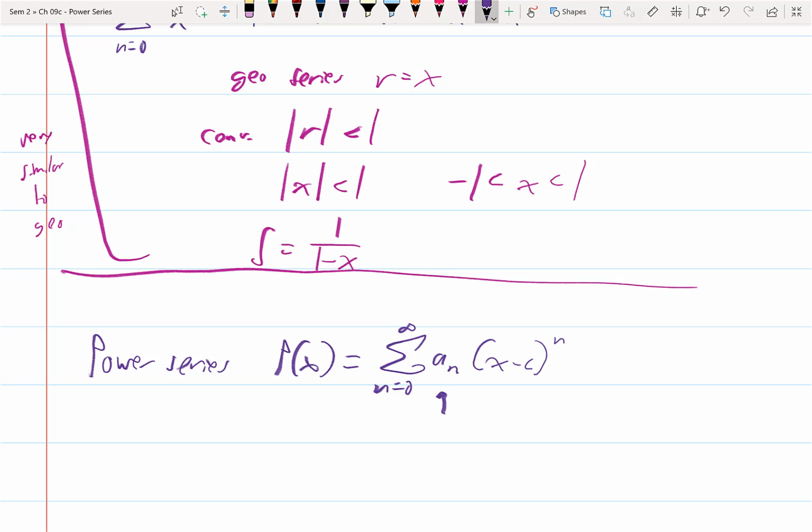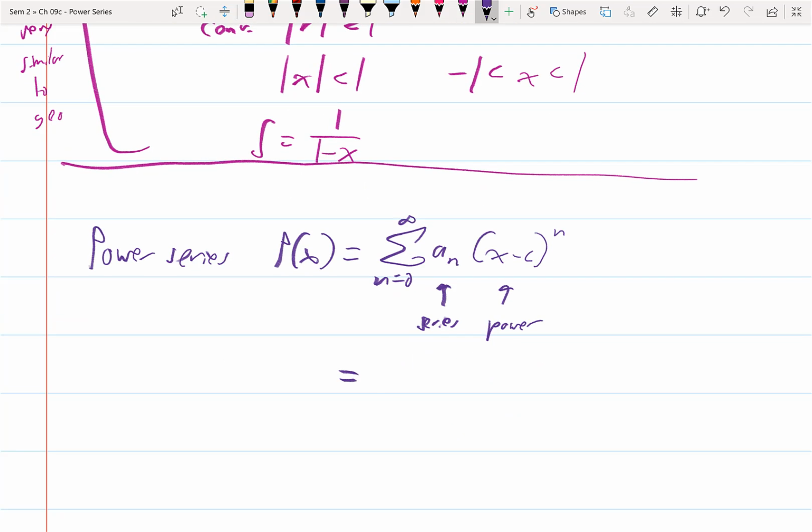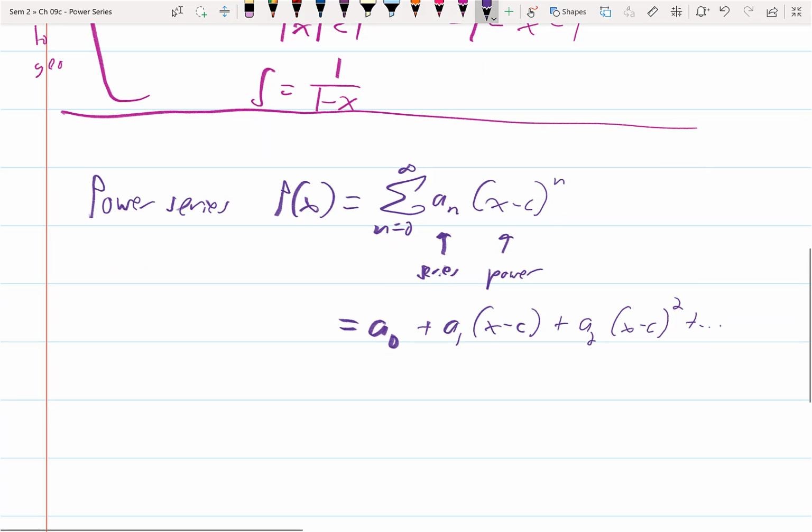So I think about this a sub n as being a series, and this x minus c to the n as being the power. And this will be equal to a sub 0 plus a sub 1 times x minus some c value raised to the first power plus a sub 2 times x minus c to the second power, and so on.